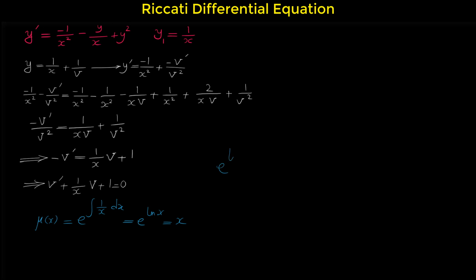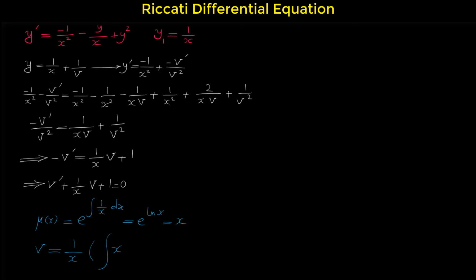We know that e to the ln of any expression equals the same expression. So x is the integrating factor. And from this, we can say v, the solution of this differential equation, equals 1 over x times the integral of mu of x, which is x, times q of x.